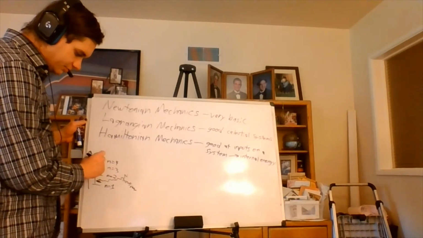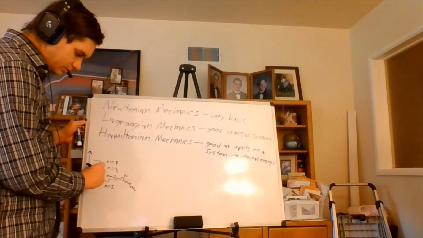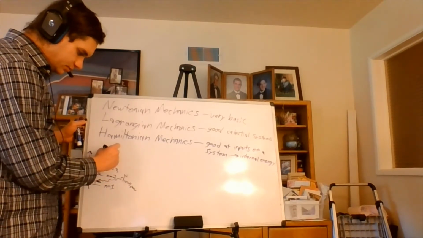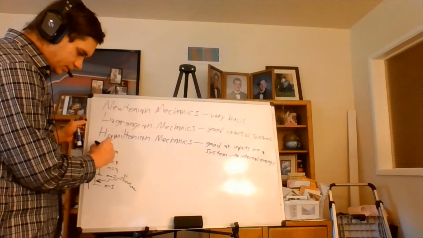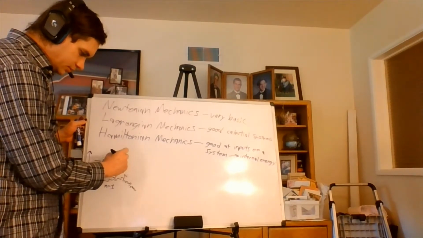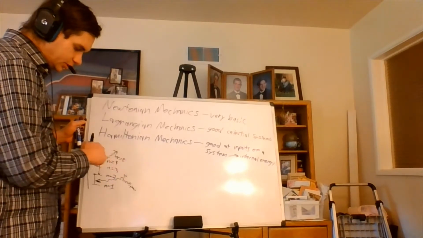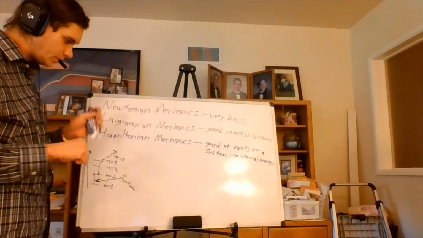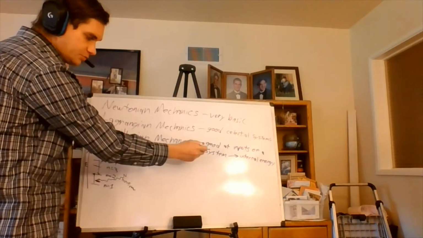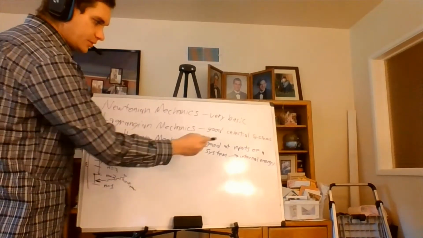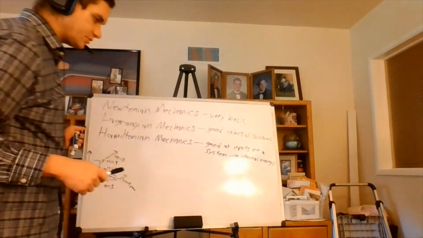Also, when a system goes down different energy levels, it releases a photon of a particular amount of energy, and we can measure that also. So Hamiltonian Mechanics was really, really good at doing this, at going from an input and giving us an internal energy.